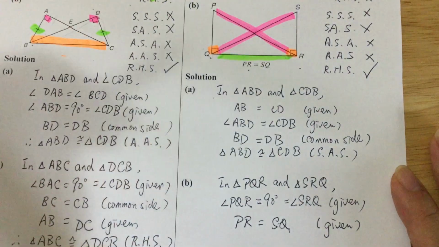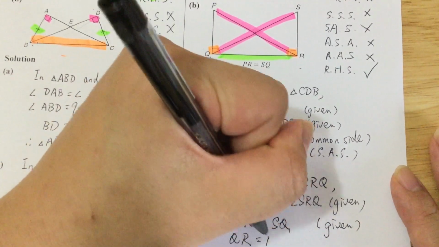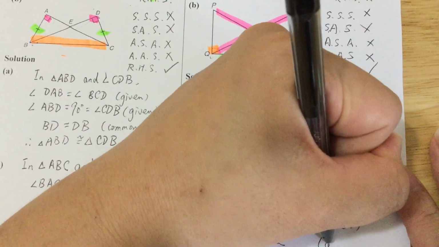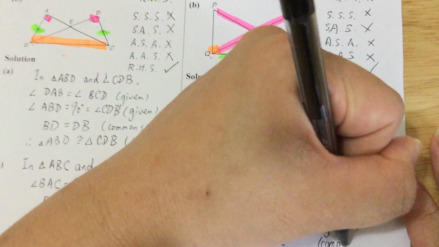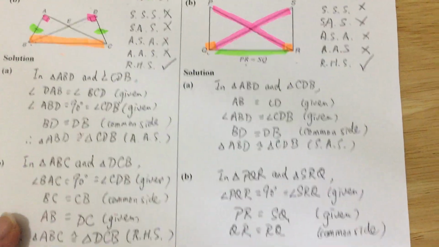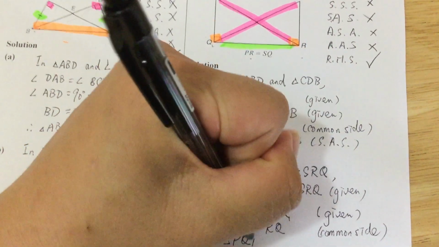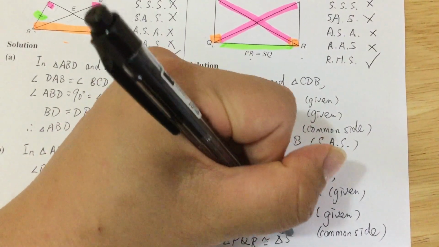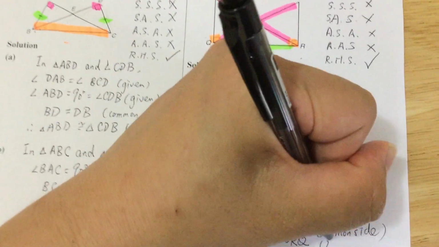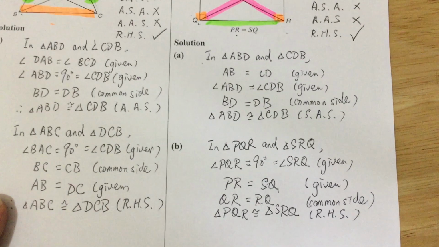The third one is QR equals RQ. This one is the common side. So once again, all three conditions are okay. So we write down this is RHS. Triangle PQR is congruent to triangle SRQ. This one is RHS. So we can finish the answer here.